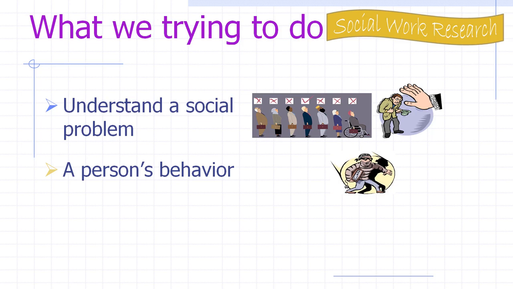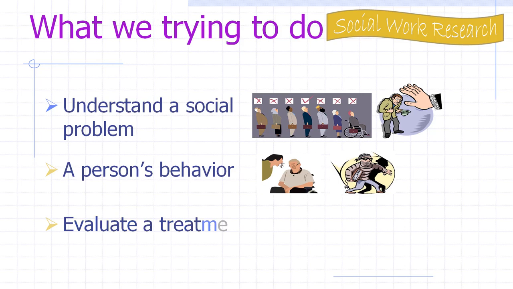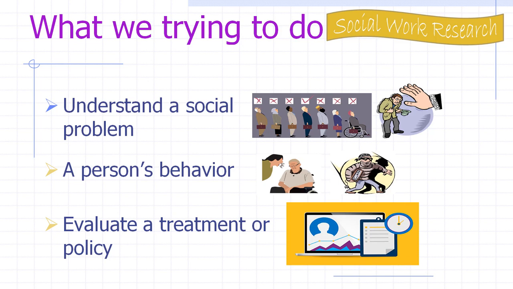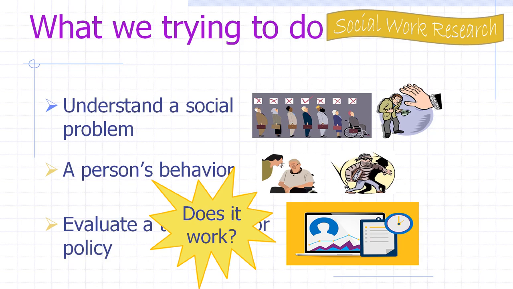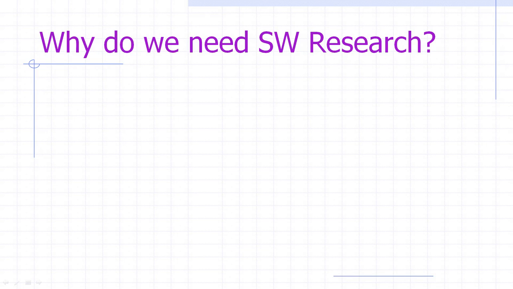So for example, criminal behavior or maybe elder abuse, or we're trying to evaluate a treatment or policy, essentially answering the question of, does it work? And in particular with social work research, we're trying to understand these things as they affect the clients and the populations that we serve.